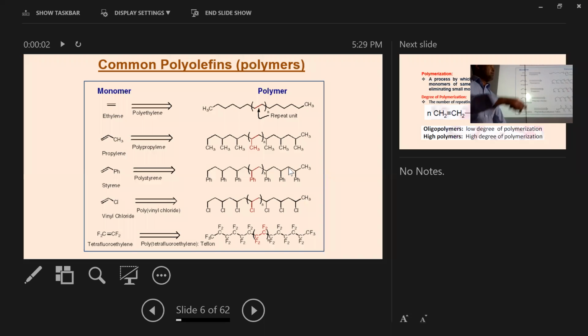Whatever, all the repeating units have the same characteristics. If you have a very large molecule, every part of the molecule shows the same characteristics.